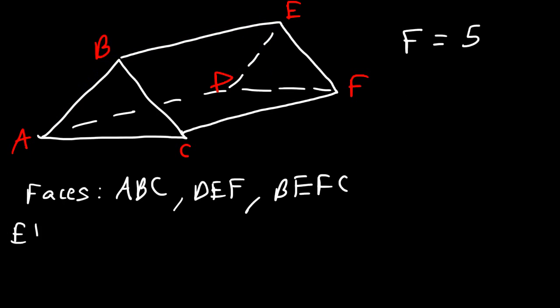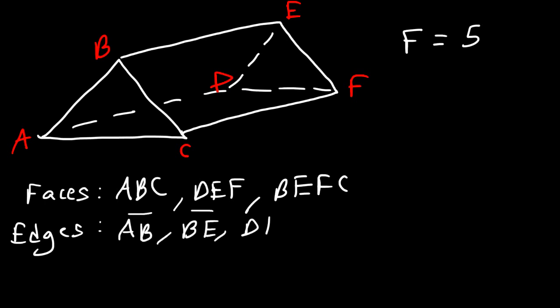Now what about edges? Let's name some edges. So AB is an edge. We could say that BE is an edge and DF is an edge. So we can write them this way. Now let's calculate the total number of edges.